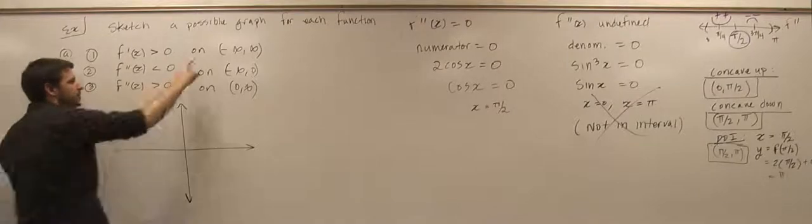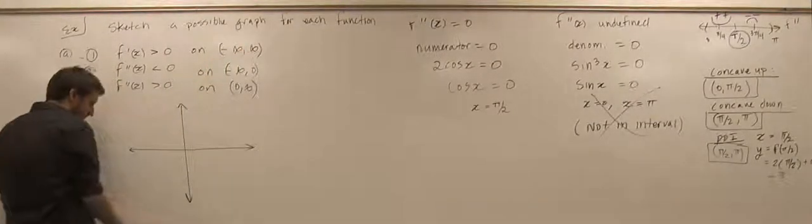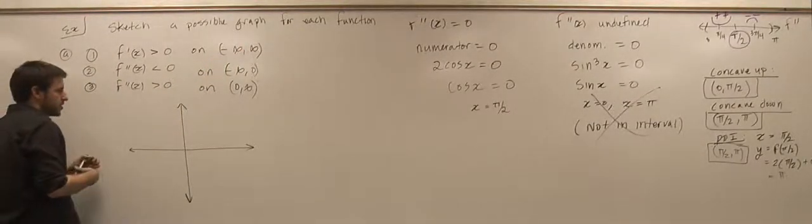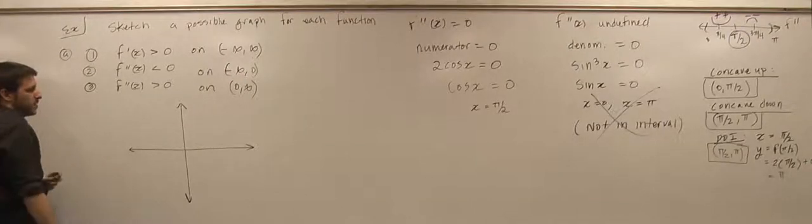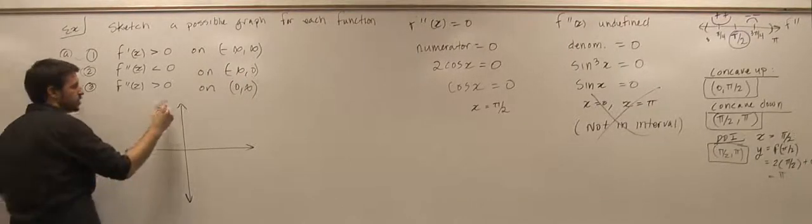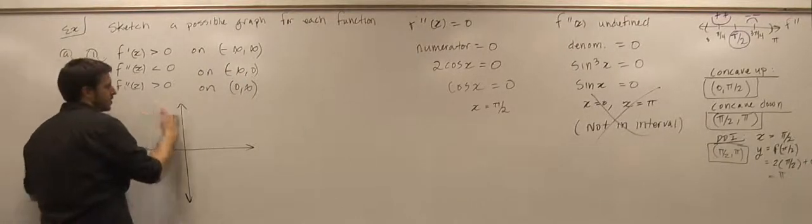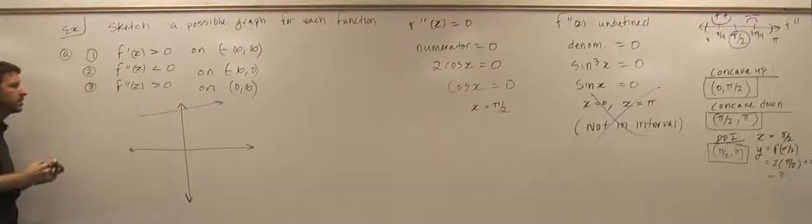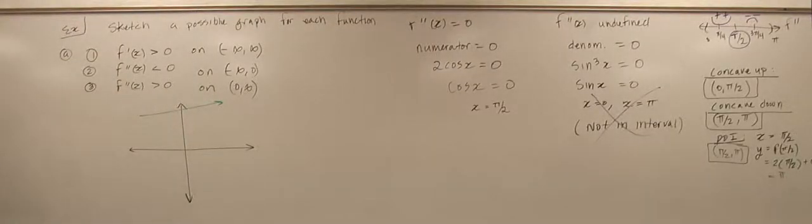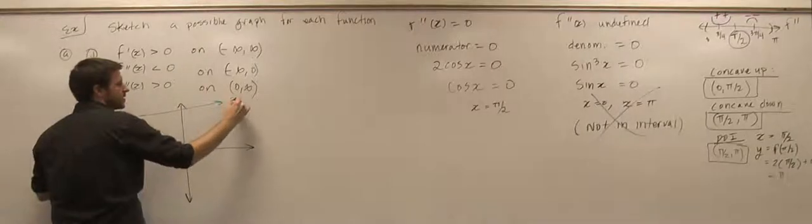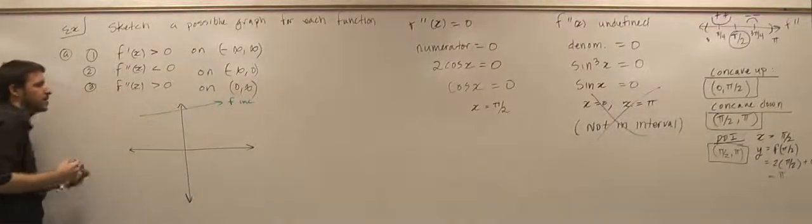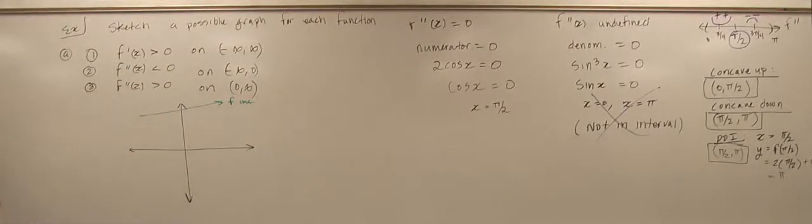And so because the first derivative is positive from negative infinity to infinity, my function is going to be increasing everywhere. So this function is always going up. That's not my function, that's just kind of a note, so I remember that.